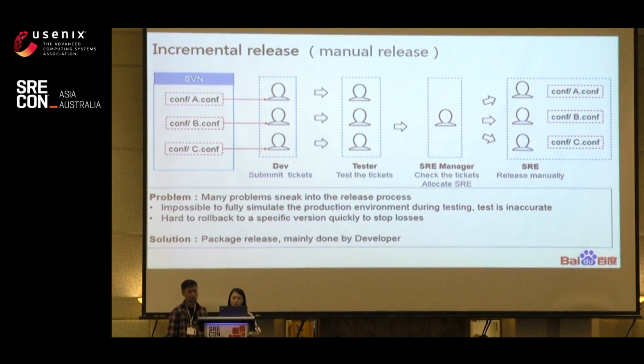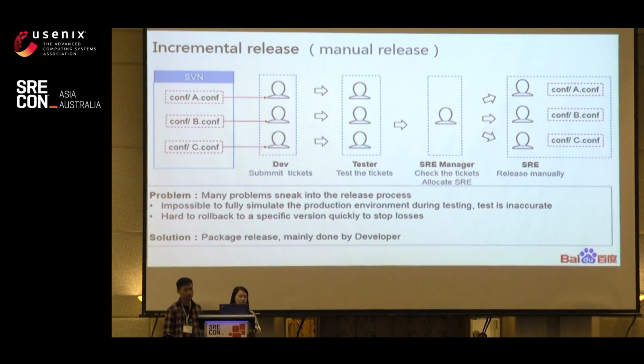For example, first, it is impossible to fully simulate the production environment during testing, so the test is inaccurate. Second, it is hard to roll back to a specific version to stop loss quickly. So the solution is package release. This is mainly done by developers and testers.